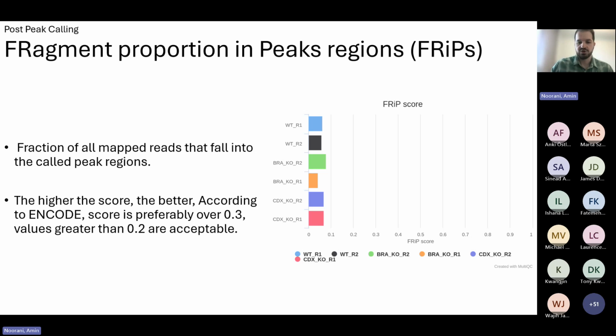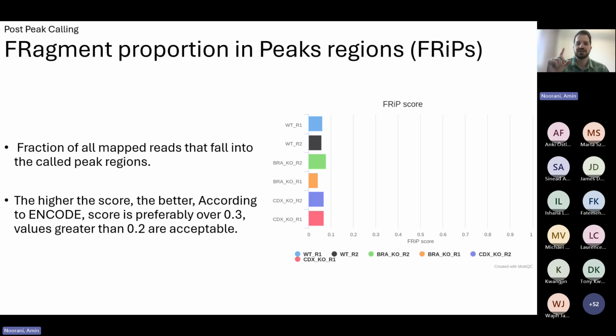All the plots that I showed you are generated from MultiQC. It's worth mentioning that. But this sample does not have good quality. This is also very common. FRiP also tells you whether the data is poor.